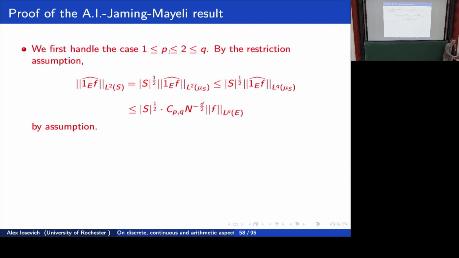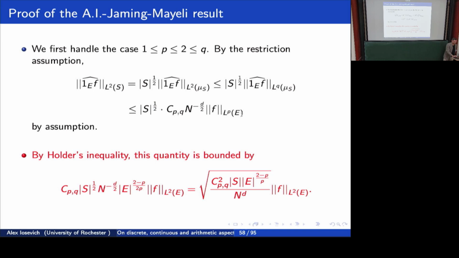So if we have an LP to LQ restriction hypothesis, the weighted L2 norm is bounded above by the weighted LQ norm. And then we apply the restriction inequality. We get the size of S to the 1/2, the norm, n to the minus d over 2, and the LP norm of F.